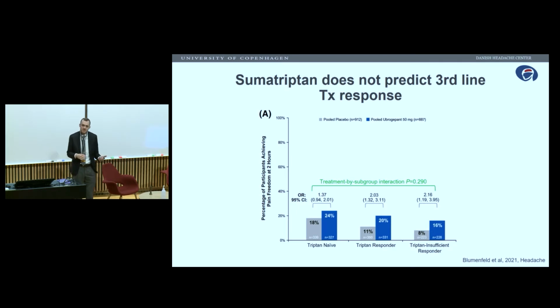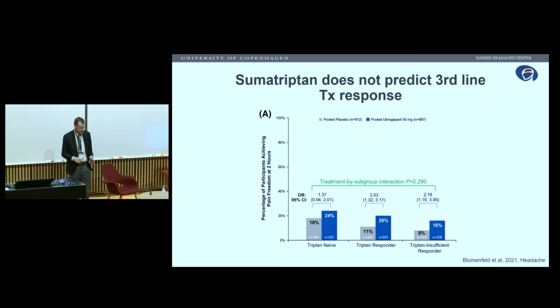So asking patients whether sumatriptan had worked prior to the ubrogepant trial, and to see whether this response or poor response to the triptan would somehow interact with the ubrogepant efficacy.